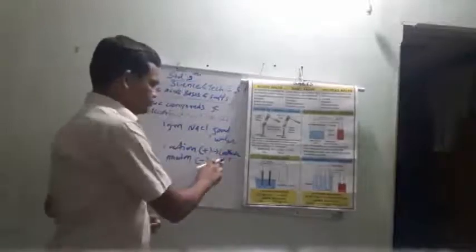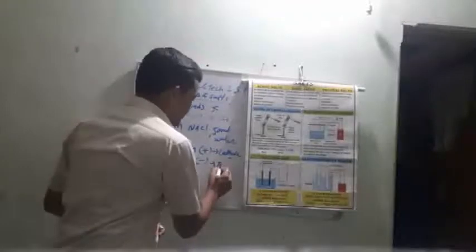Now cations, having positive charge, are attracted towards the cathode, which has negative charge, and at the same time anions, that is negative ions, are attracted towards the anode, having positive charge.